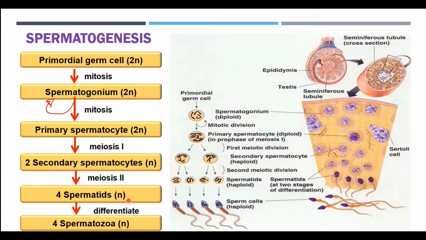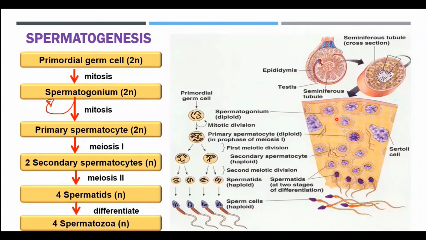You can see here in this particular picture, let's say we start with the spermatogonia. There are many spermatogonia over here. This all will be the spermatogonia. Let us focus on one spermatogonium over here.